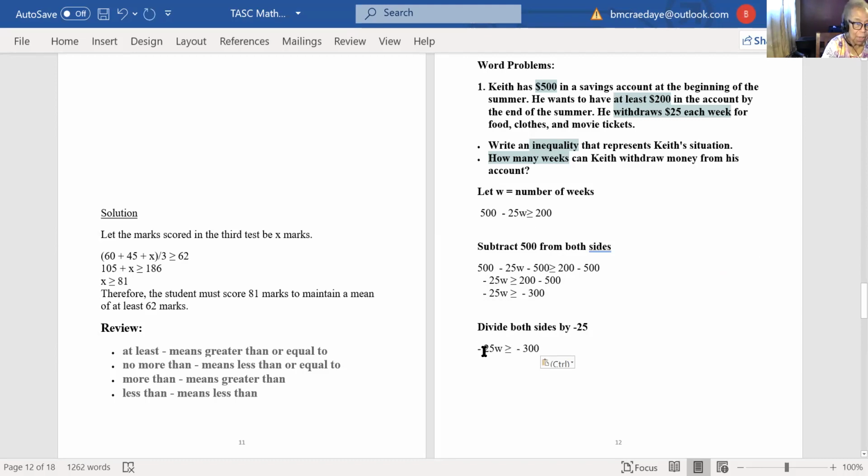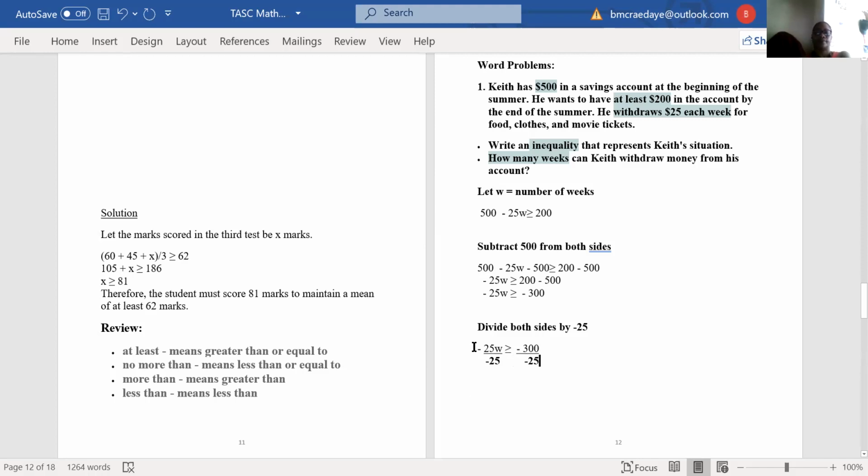Okay, so this would be a negative 25. So that's negative 25 on the left and a negative 25 on the right. Okay, so what do we have left on the left side, Vanessa?